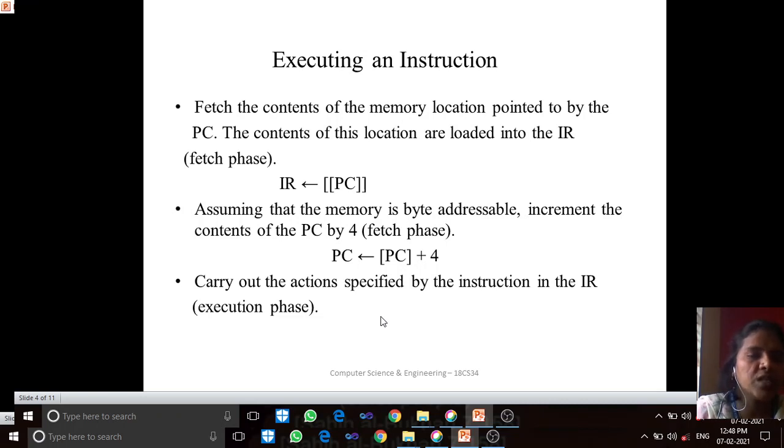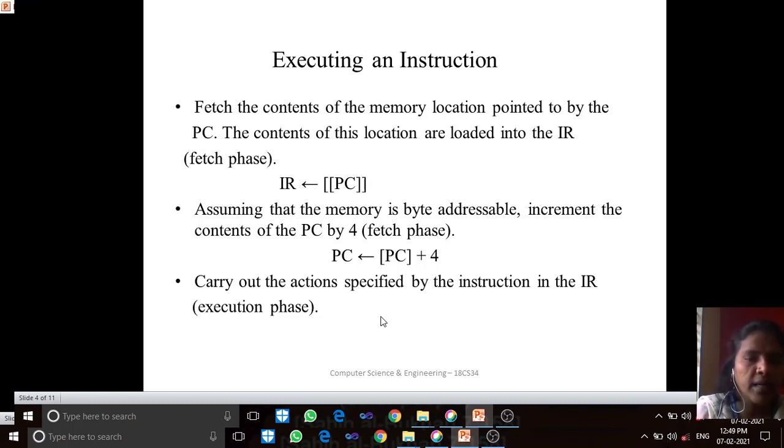So it is indirection using a pointer. This notation is called RTN, register transfer notation: the contents pointed to by the PC, on the right-hand side, are transferred to the IR on the left. This phase is called the fetch phase.